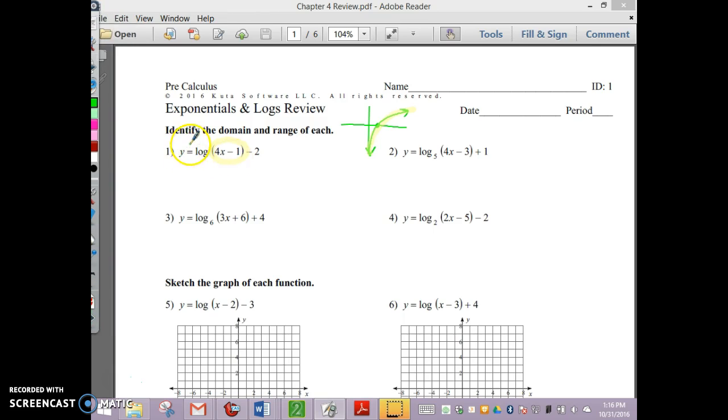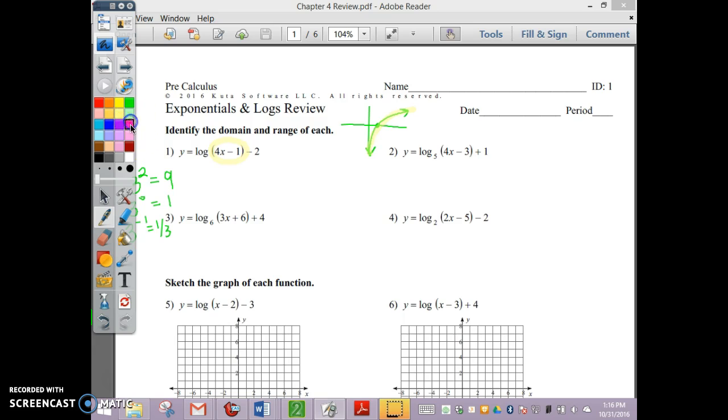The answer to a log is the exponent, and there is no exponent that has an output of a negative number or 0. Positive exponents, like 3 squared, give us 9. 3 to the 0 gives us 1. 3 to the negative 1 gives us a third. See, none of these outputs are 0 and none of these outputs are negative.